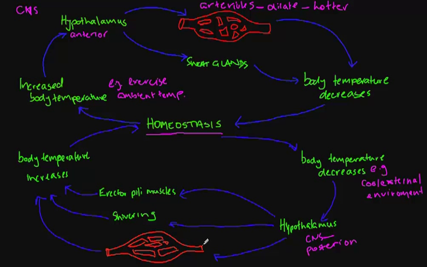So one of three things can happen. The first is that these same arterioles constrict. The surface arterioles constrict, and more blood is kept towards the center of the body rather than the peripheral skin.